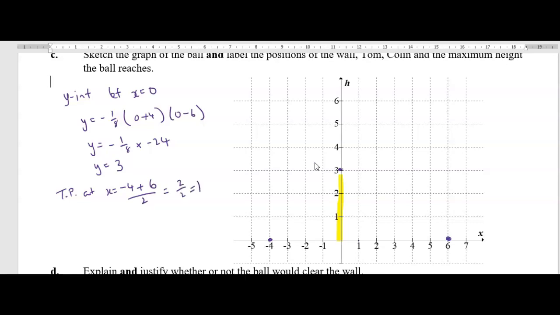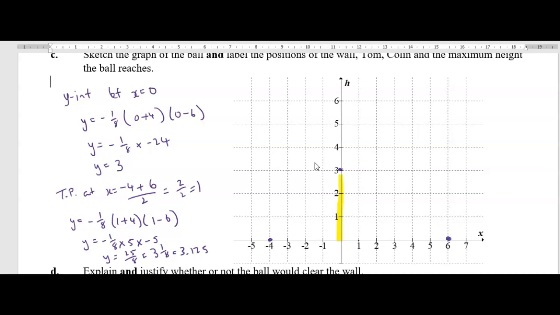And then to get the y-coordinate, we're going to have -1/8 (1 plus 4)(1 minus 6). So y equals -1/8 times 5 times -5. So we're going to have 25 on 8, which is 3 1/8, which is 3.125.